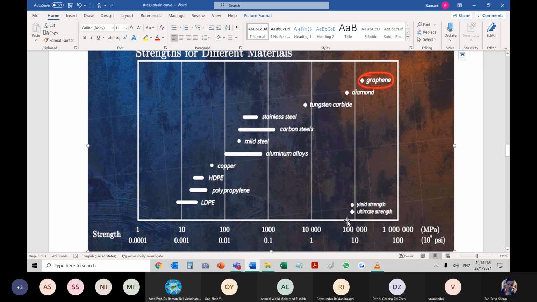Diamond goes above 100,000 megapascals. Trillion we will use for liquids, for solids, tetra pascals. 100 tetra pascals will be the value for diamond almost. Above all is graphene. Graphene is the highest strength that one can reach in the material field.